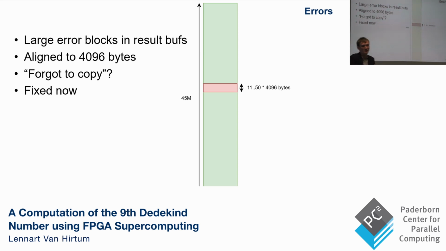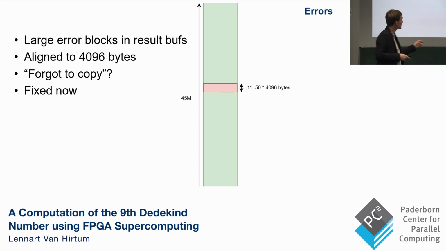And so maybe every 2 or 3,000 buffers, or even less, every 20 or 30,000 of these buffers, we would just get one tiny error in this massive buffer. We tried to solve it at the time, but we could not detect these errors. And so we just had to deal with them.